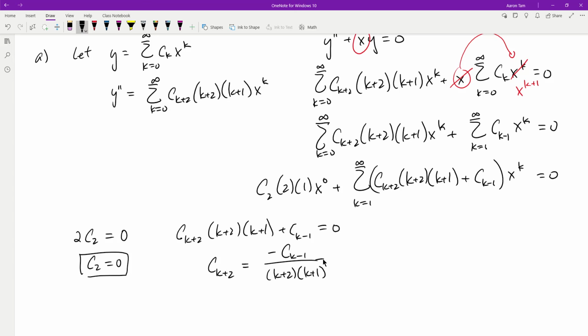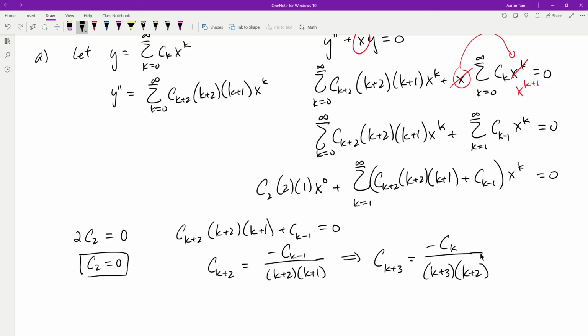Now, if you don't like the fact that we have c sub k minus 1, which I don't like either, I could reindex it. The way to reindex is to say that's the same thing as c sub k plus 3 equal to negative c sub k over k plus 3, k plus 2.